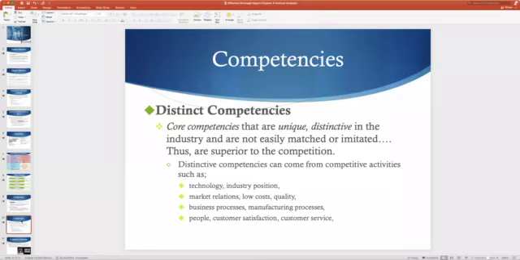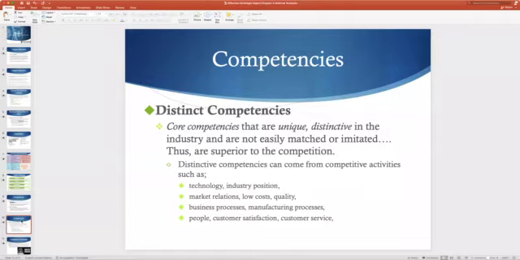Are they competencies that are not easily matched or imitated by the competition? Now, you might have competitors out there that have these competencies, but to match or imitate them to your level is very, very difficult for them to do. So they then are distinct competencies for your firm.